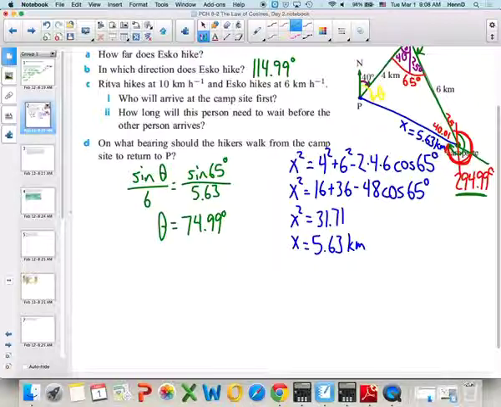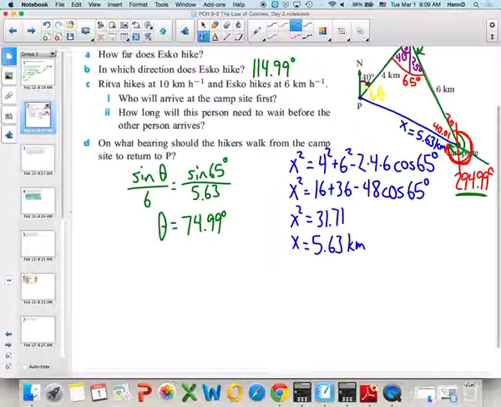Now, C is kind of an interesting one, but this shows you how we can use the stuff we've been doing with the law of sines and law of cosines to figure out other things. So, for example, here, who's going to arrive first? Ritva must have been taking an easier path, so they were able to hike faster because the terrain must have been easier.